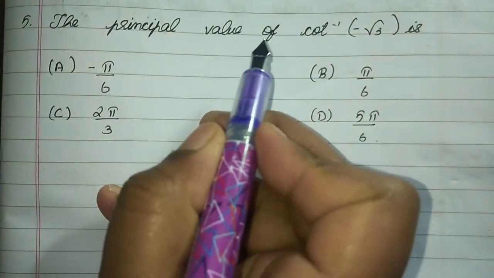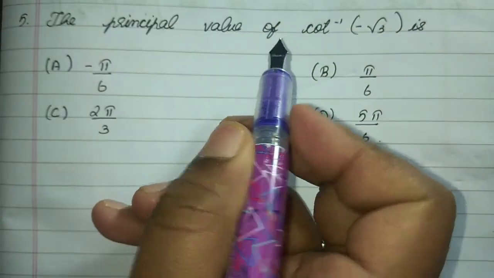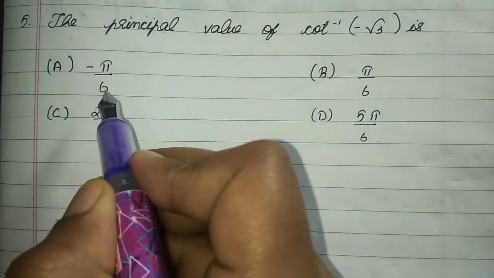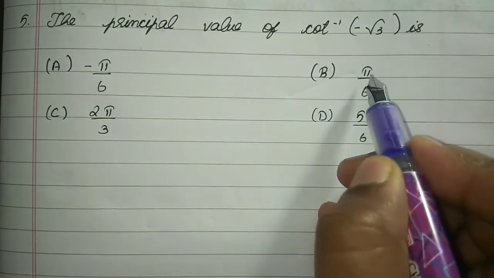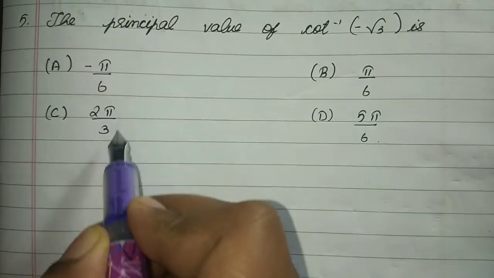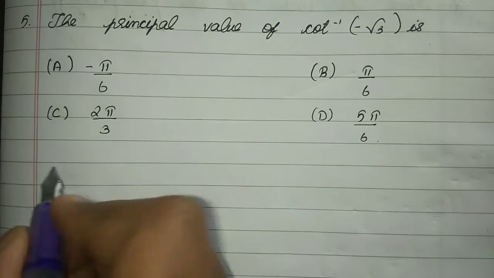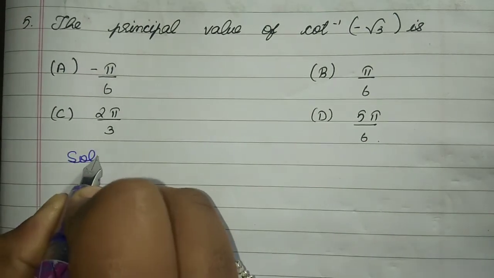Question 5. The principal value of cot inverse of minus root 3 is: option A minus pi by 6, option B pi by 6, option C 2 pi by 3, option D 5 pi by 6. Here also we know the formula.